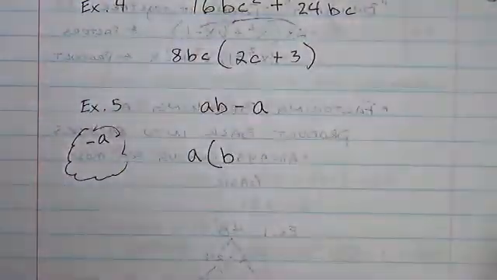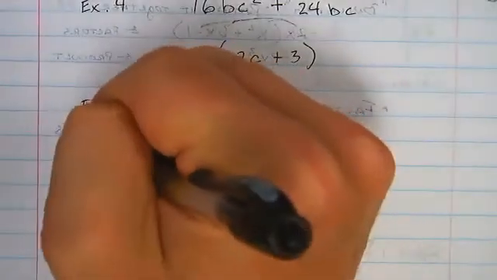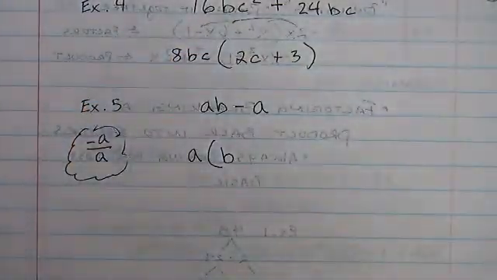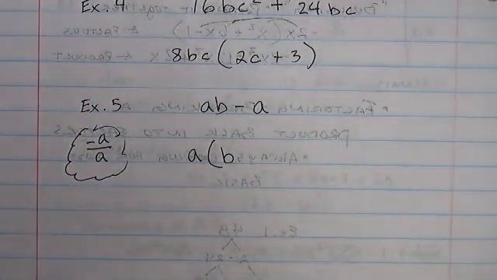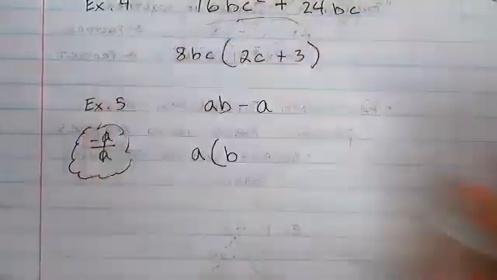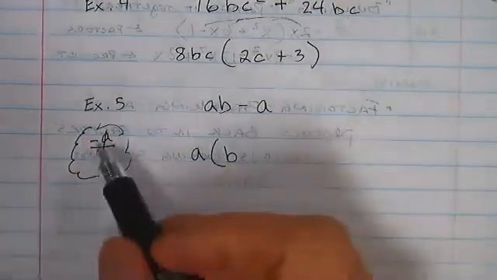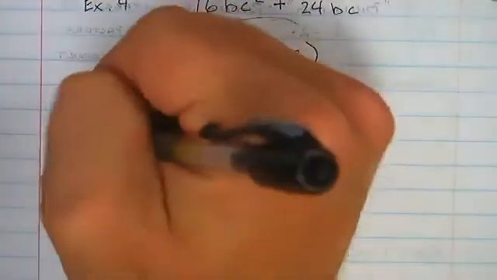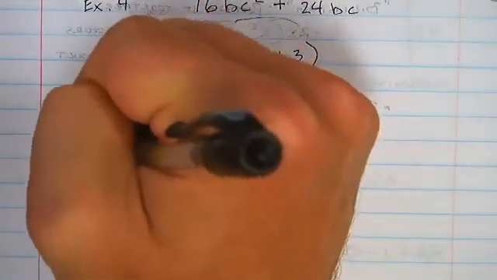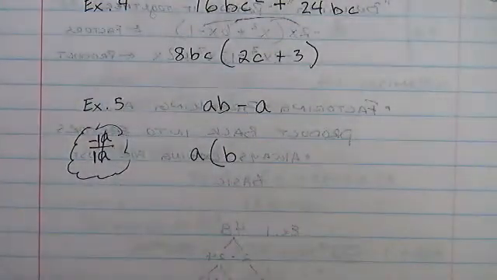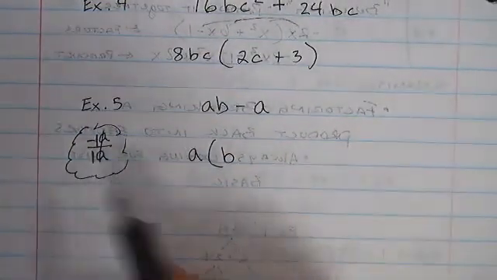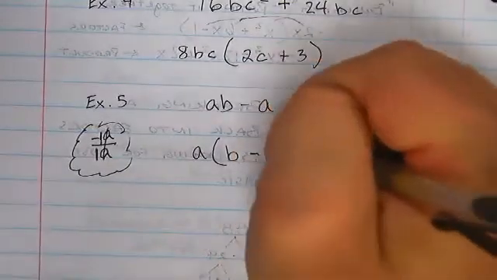We have negative a being divided by essentially an a. So negative a over a, what is that worth? I know the a's are going to cancel each other out, but what do I still have? Do you remember that we have understood ones? So we have negative 1 over 1, which becomes a negative 1.